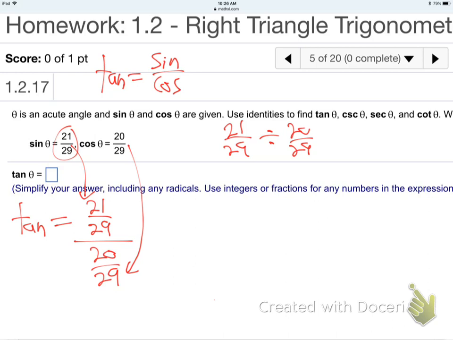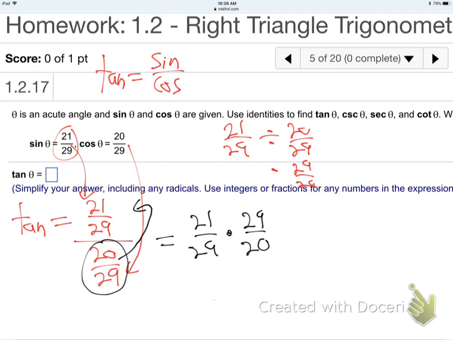It's just a big vertical division. That's what a fraction is. And you know what happens when you divide by a fraction? You flip the one on the right and change to times. So it's 21/29 times the upside down.